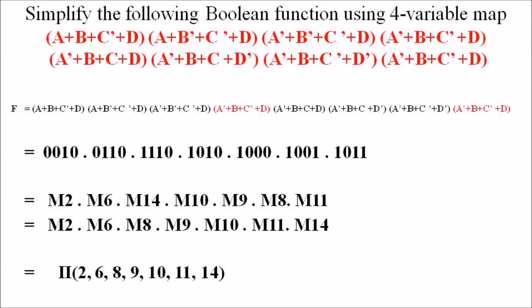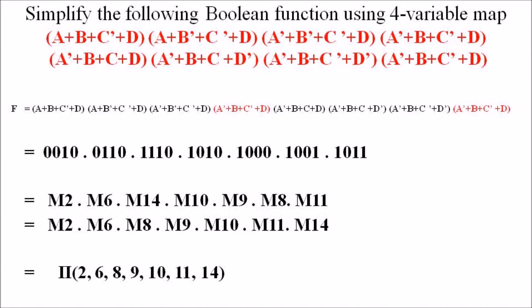Next, we have to convert this representation into max terms. A variable can be represented in POS as 0, and a variable complement can be represented in max term as 1. The first term, A + B + C' + D, can be represented as 0, 0, 1, 0. A + B' + C' + D can be represented as 0, 1, 1, 0.